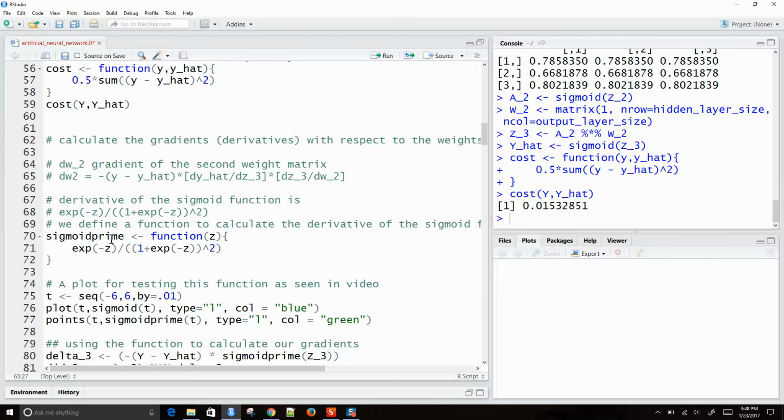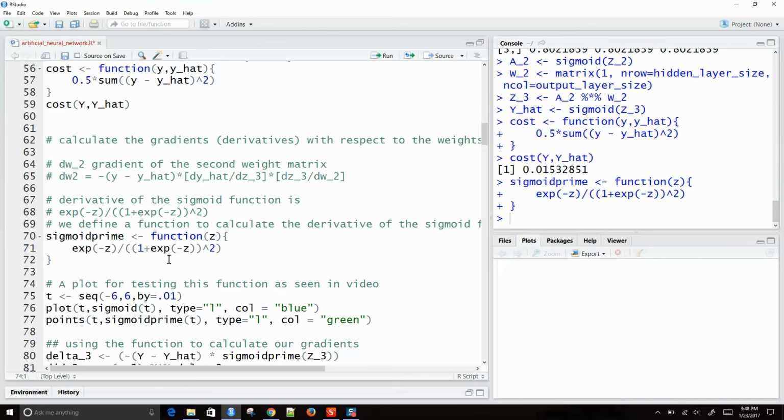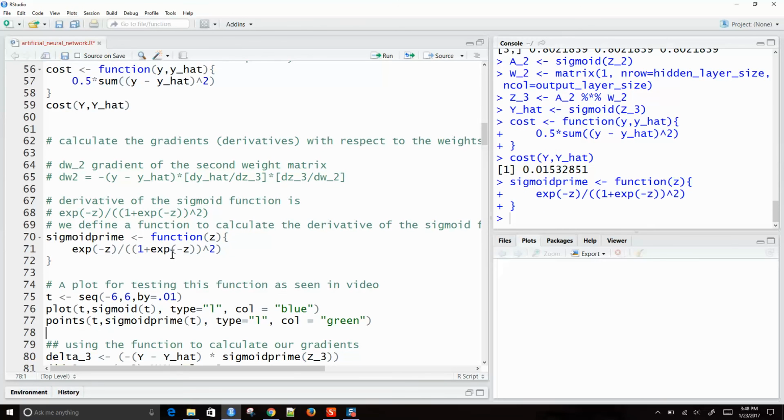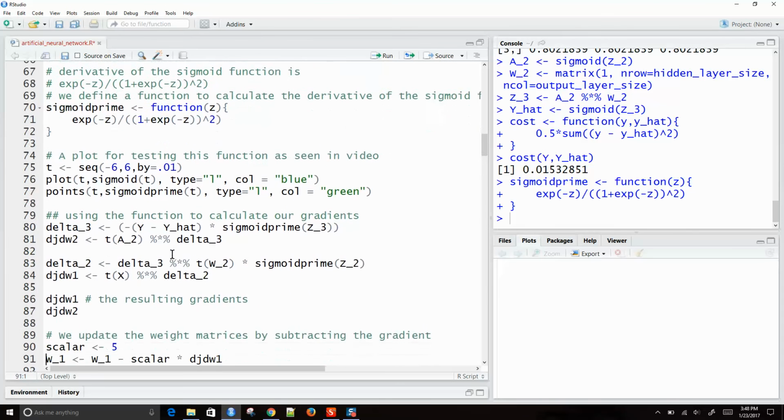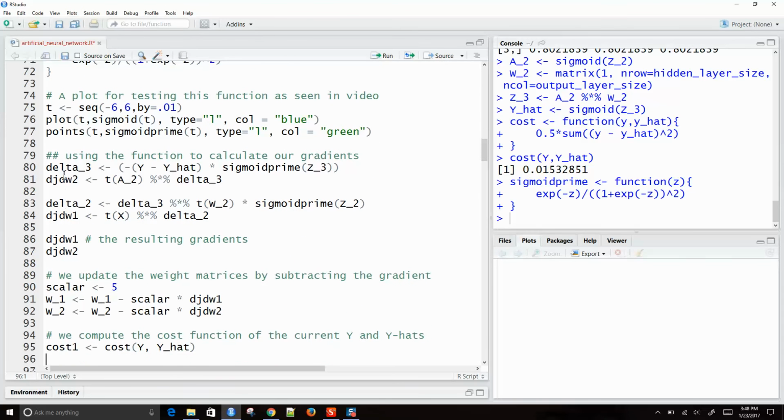We've defined that, and so we have f prime, sigmoid prime, which we've written up as e to the negative z over 1 plus e to the negative z, squared. And sorry, here I'm using the same notation as the video, so rather than L for loss, it's J here.